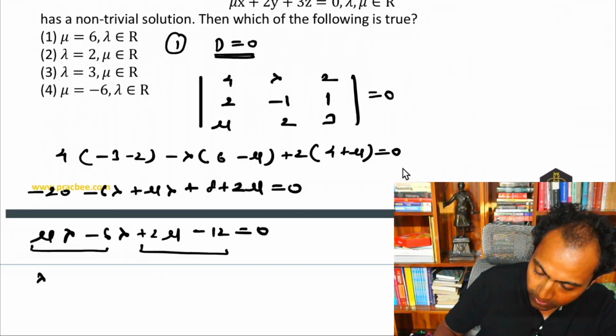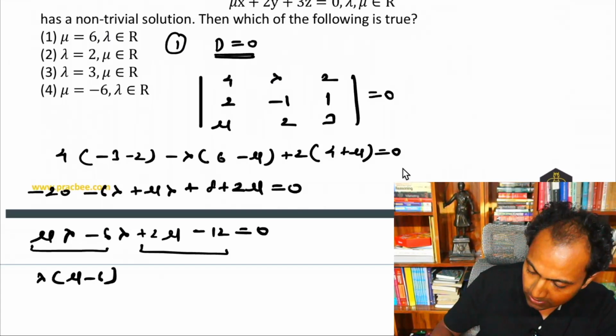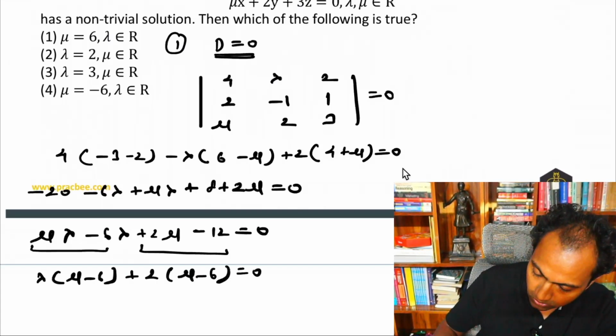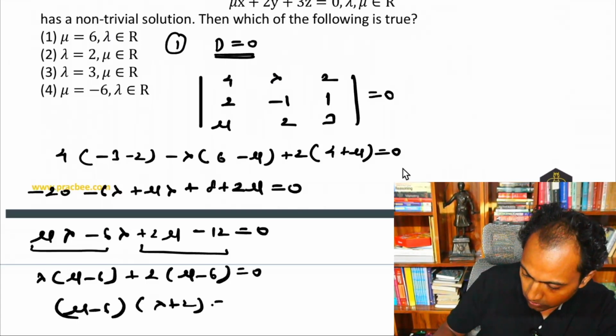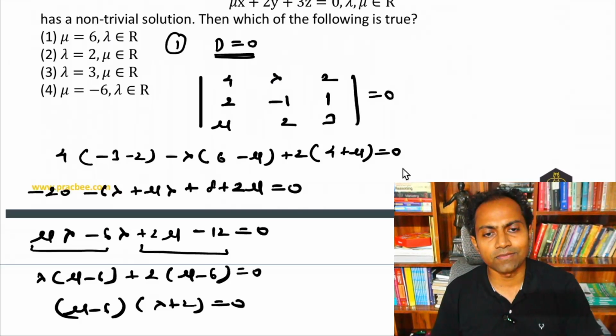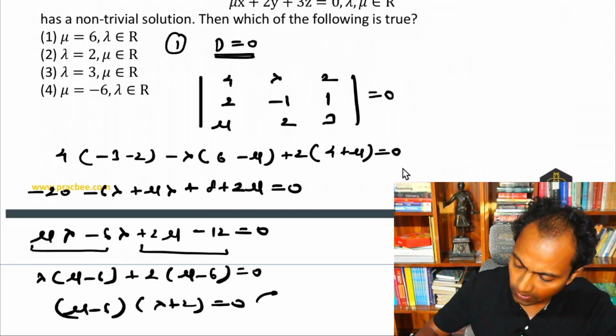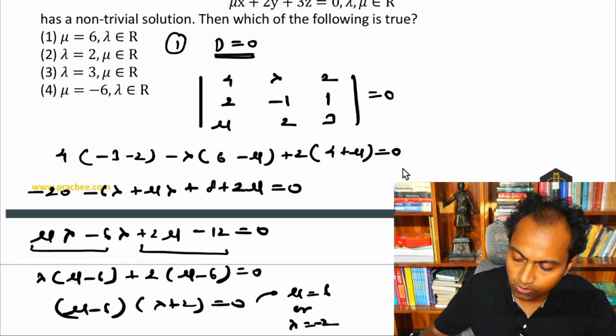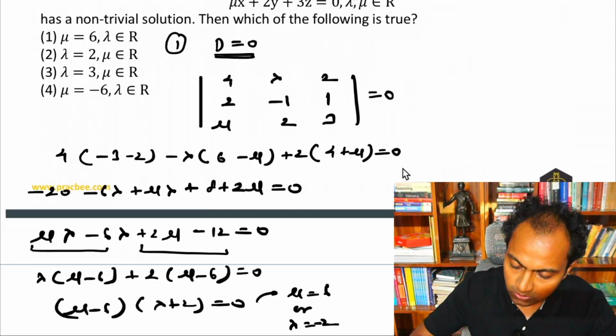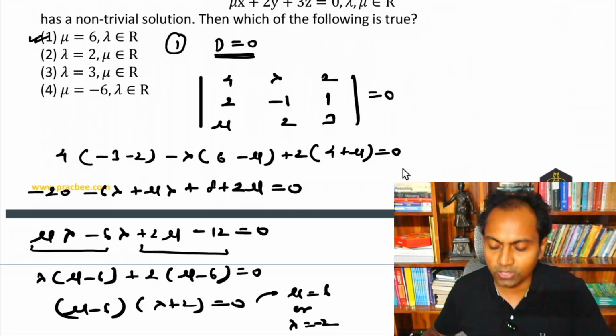I can take lambda common, which gives mu minus 6, and I can take 2 common, mu minus 6, equal to 0. So we can write this as mu minus 6 into lambda plus 2 equal to 0. You can see that this can happen when either mu is equal to 6 or lambda is equal to minus 2. Now let us check the options. You can see that only option A matches because mu is given as 6.